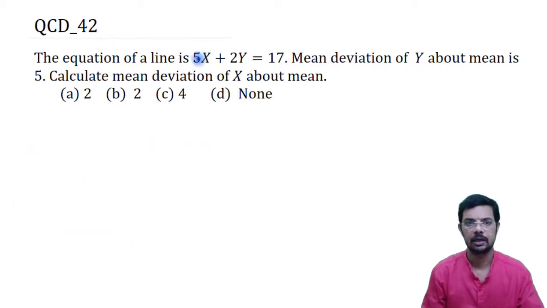Next question, question number 42. The equation of a line is given as 5x plus 2y equal to 17. The mean deviation of y about its mean is given as 5.